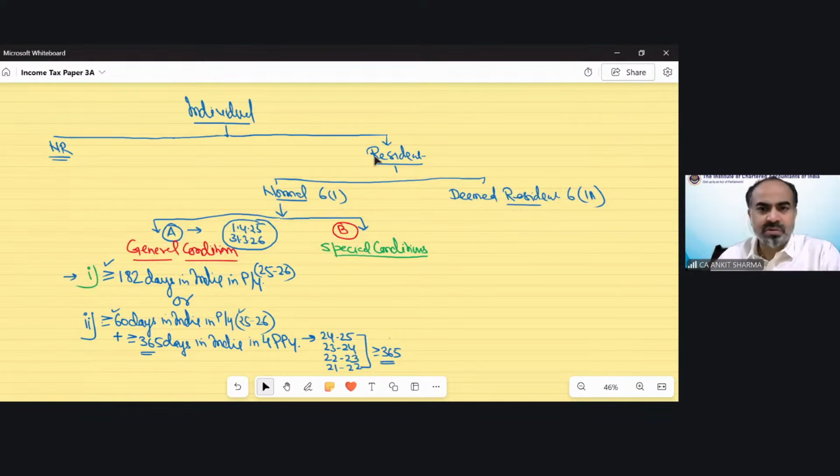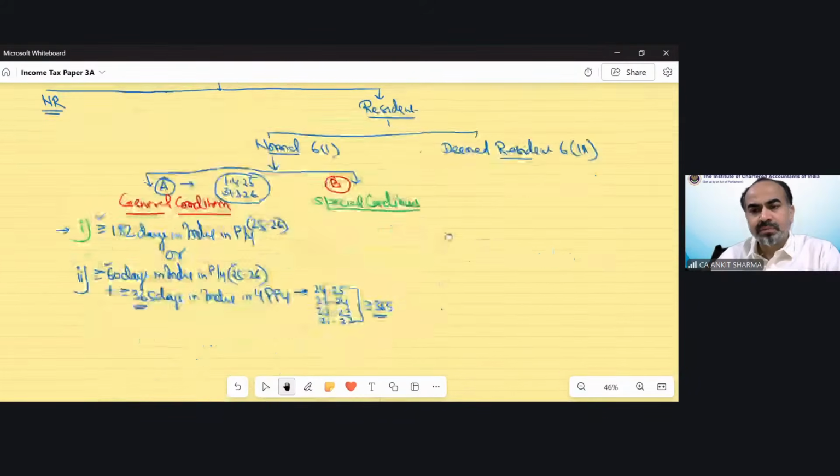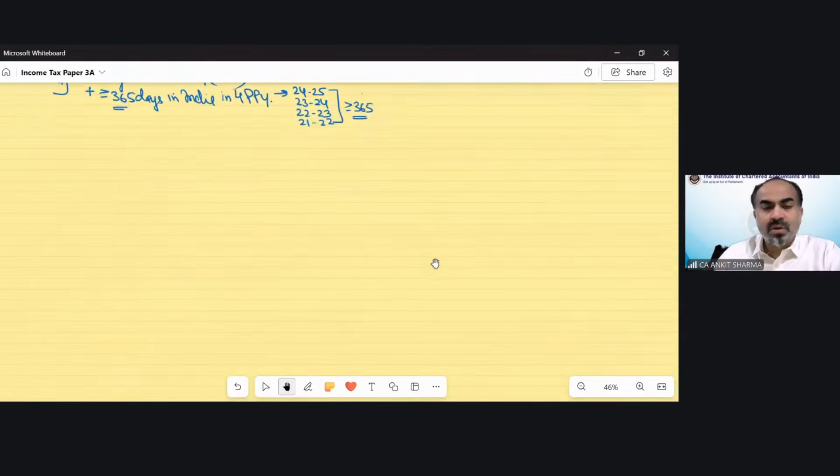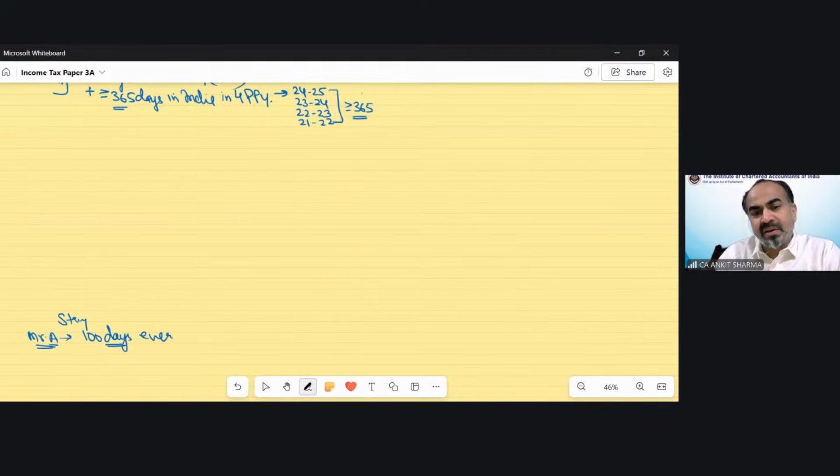For example, let me give you an example for this kind of condition. Suppose there is Mr. A who stays in India 100 days every year from the last 10 years.